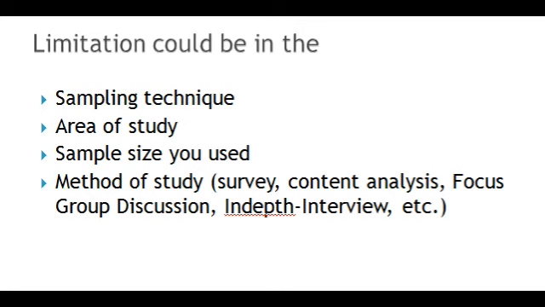Maybe it is the area of study. You think probably you restricted your work to just a small community, but you think that studying an entire state would have been stronger. It is possible you used only survey research, for instance, when you think combining survey and content analysis would make the work stronger and the results more generalizable.